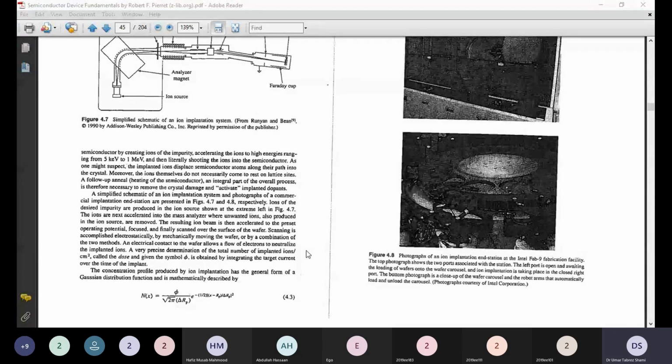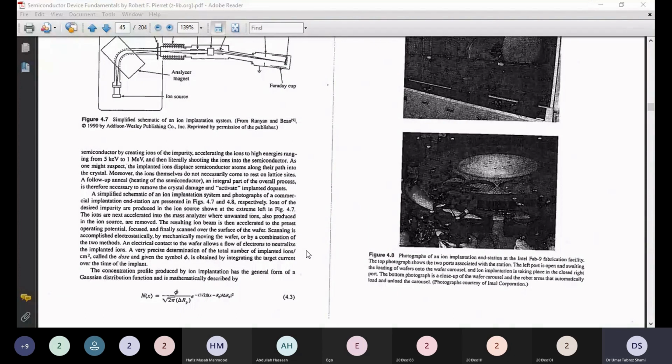The resulting ion beam is then accelerated to the preset operating potential, focused, and finally scanned over the surface of the wafer. Scanning is accomplished electrostatically, by mechanically moving the wafer, or by a combination of the two methods. An electrical contact to the wafer allows a flow of electrons to neutralize the implanted ions.